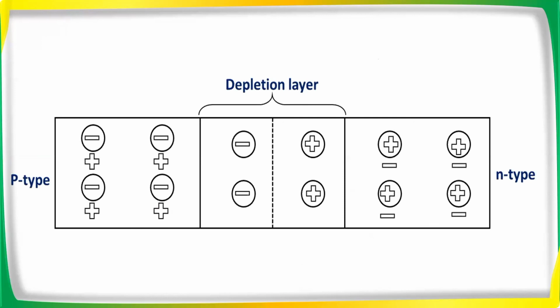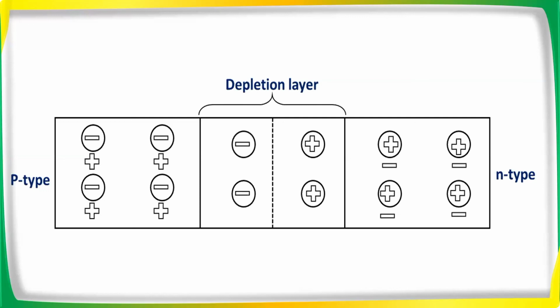On the side of the N type, the positive charges from the positive terminal will attract the electrons at the N type.